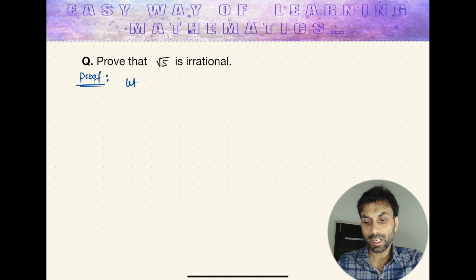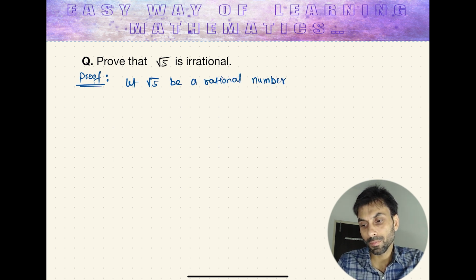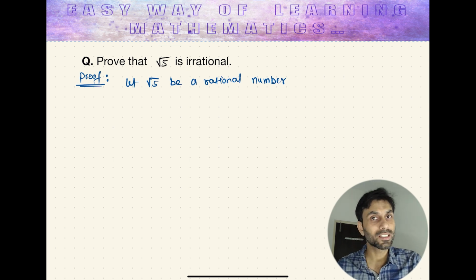First, let root 5 be a rational number. Since root 5 is a rational number, we know every rational number can be written in the form p by q, where p and q are integers and q is not equal to 0. In that case, it may be possible that p and q have some common factor.